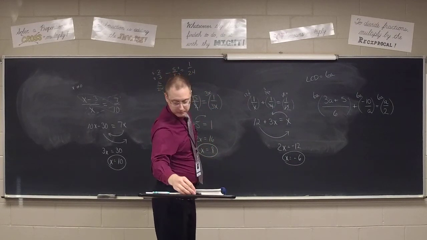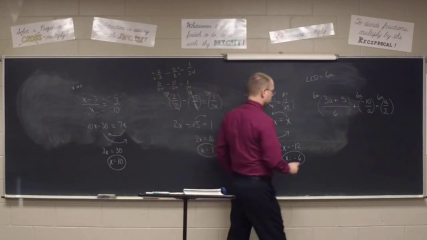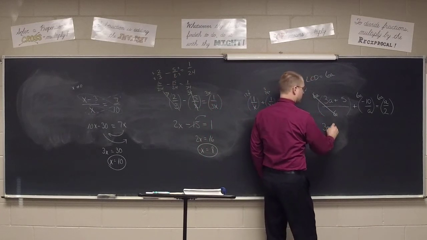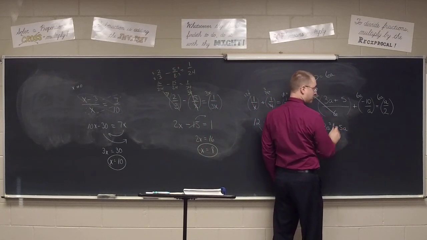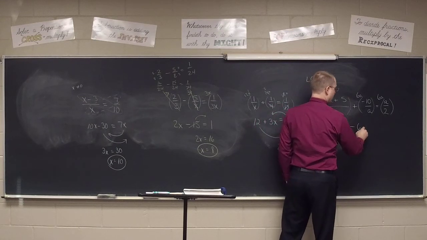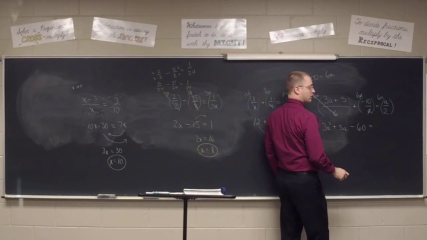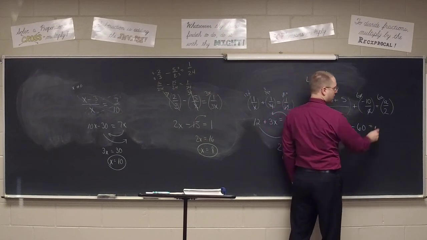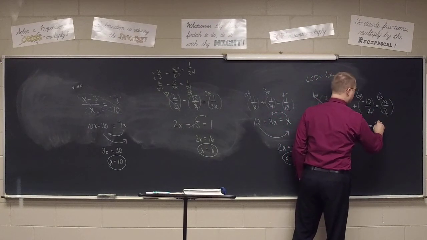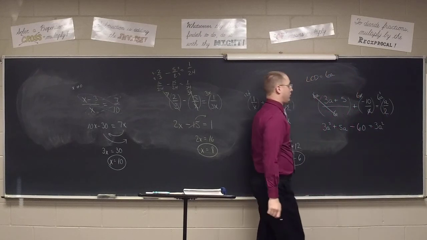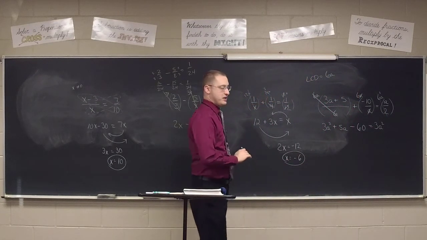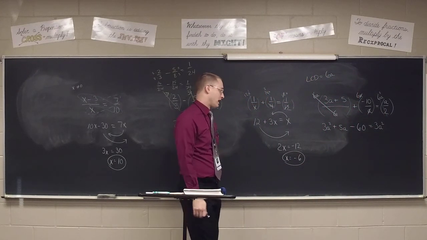All right, then what? 3a squared plus 5, excellent distribution. Negative 60, excellent. Equals 3a squared. Good. Now, on the surface, it's like, oh no, as soon as I got that a squared bracket, I'm thinking, oh man, a quadratic.